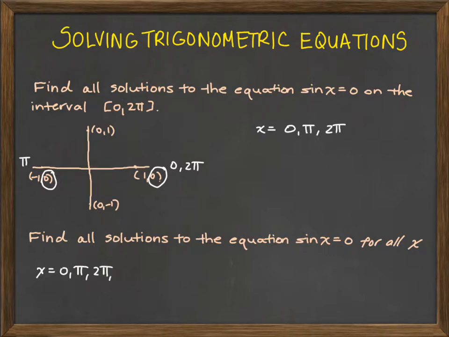If we keep going from there, we'll get 3 pi. So if we write this up generally, the solution is going to be x equals k pi, where k is an integer. And recall, this means k is in the set of integers, that's Z. So we're trying to find all the solutions to the equation sine of x equals 0, so we're just identifying the angles where that happens, and that's the solution to our equation.